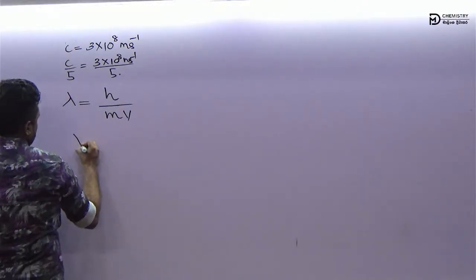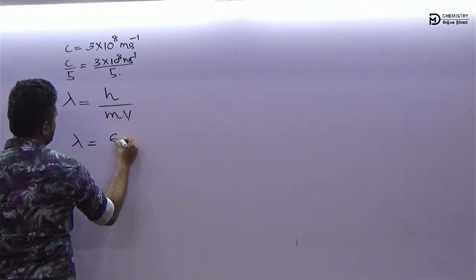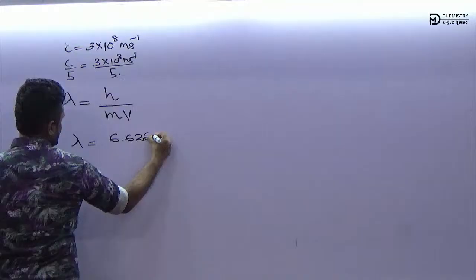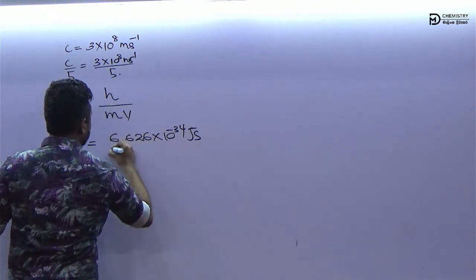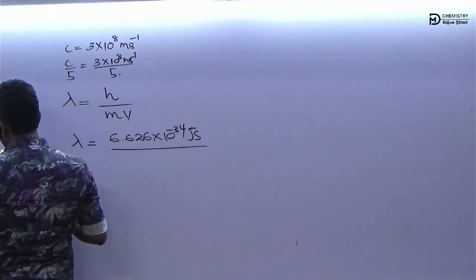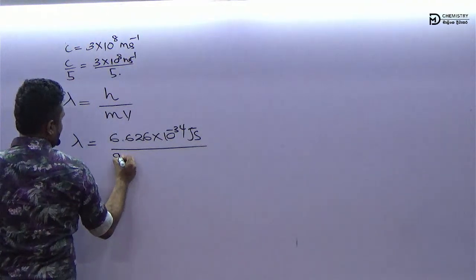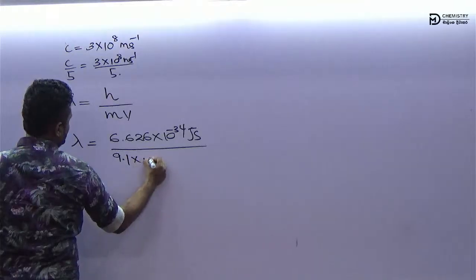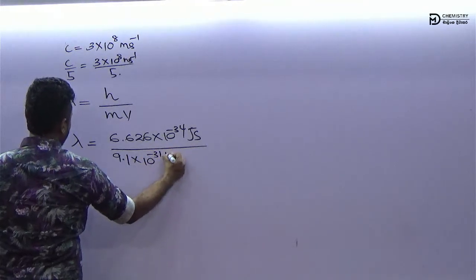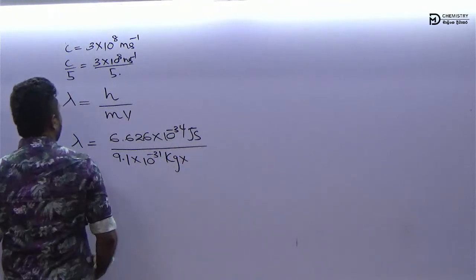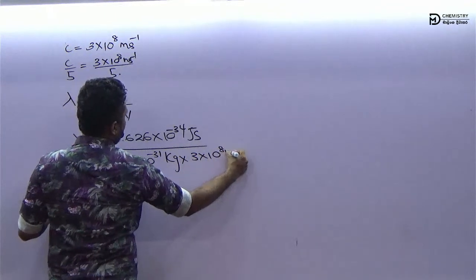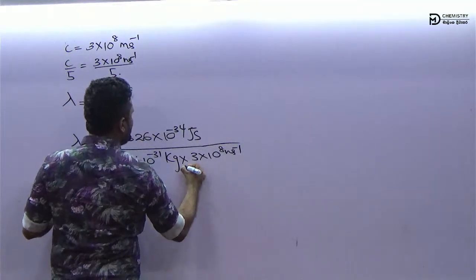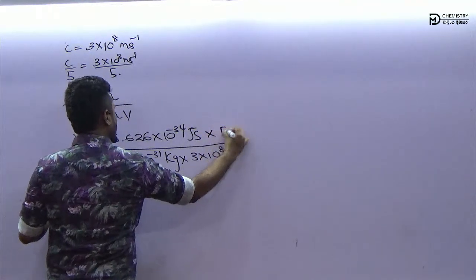So my Planck constant 6.626 into 10 to the power minus 34 joule second, divided by the mass of the electron, which is given as 9.1 into 10 to the power minus 31 kilogram, into the speed of light divided by 5, 3 into 10 to the power 8 meters per second, divided by 5, which means multiplication here.